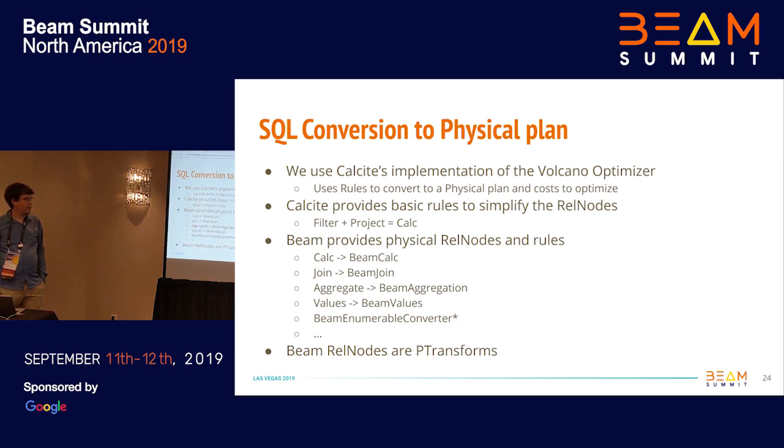Same thing with aggregate values. And then the enumerable converter is that special case that wraps a Beam pipeline, runs it, and returns the result as a Java array, an array of values.